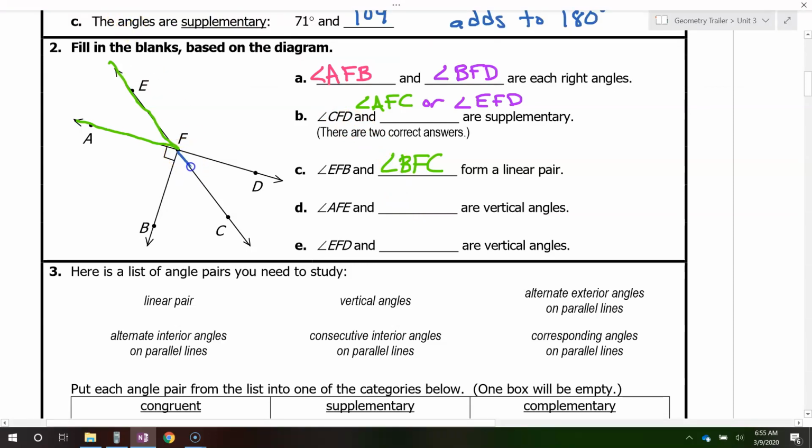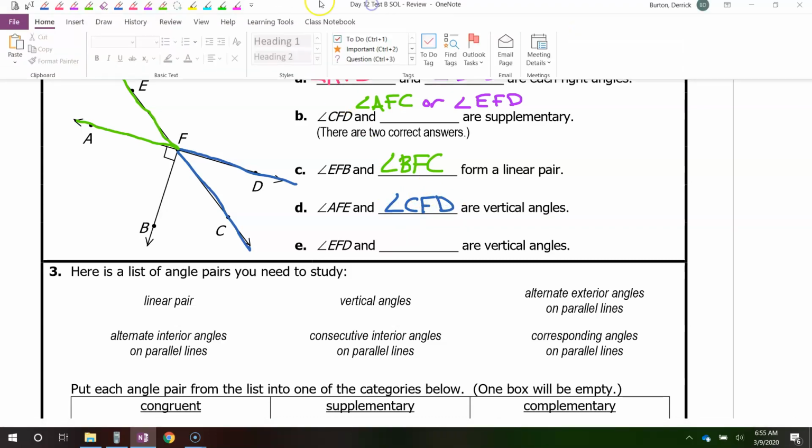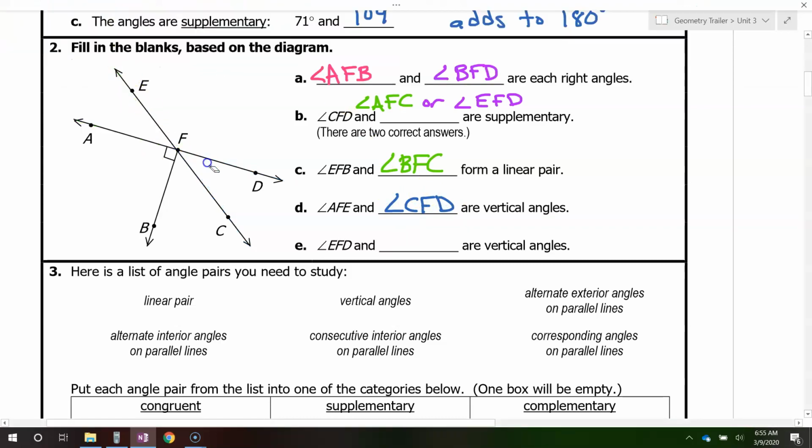Well, vertical angles sort of make an X. So I'm just going to continue this side, and I'm going to continue this side. So these two angles are vertical angles. So CFD. Angle CFD. Angle EFD.